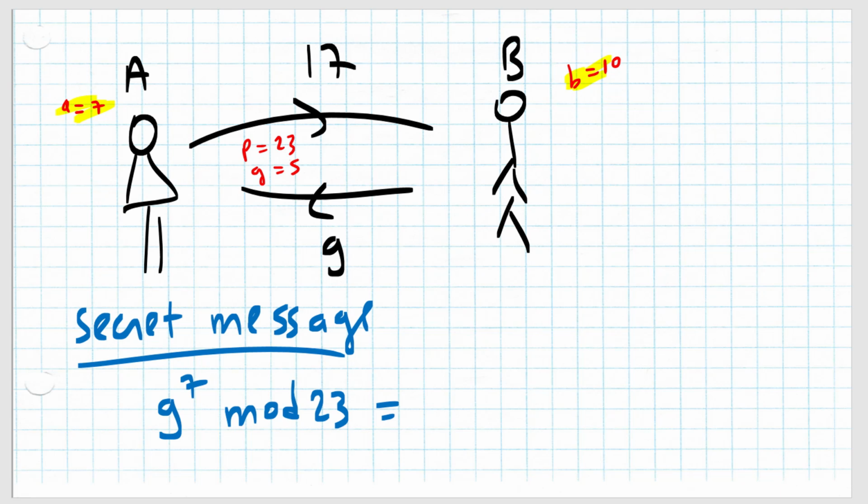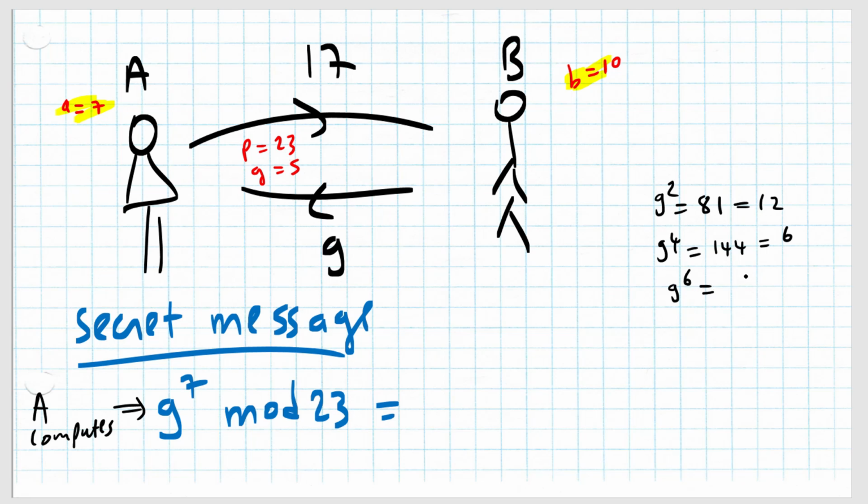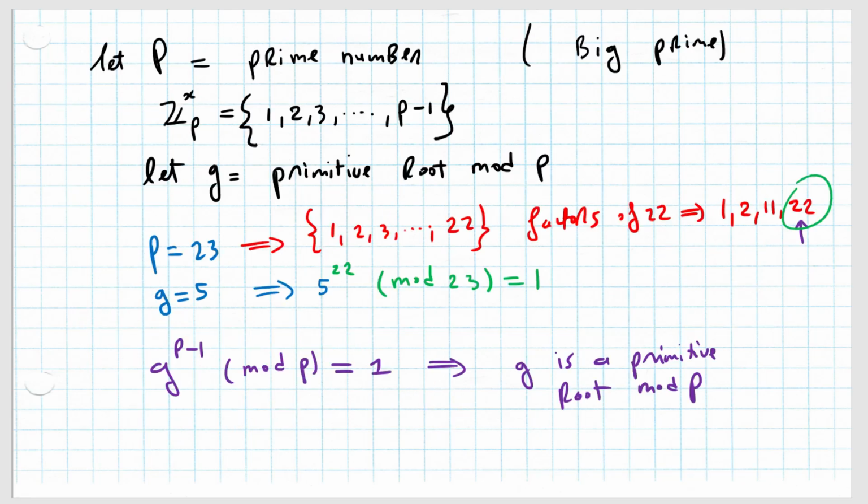So 12 times 12 times 12, that's 9 to the power of 6 times 9. That would be 3. So 3 times 9, right? 27. And so that would give us 4. They give us 4. And that number 4 is a new number.